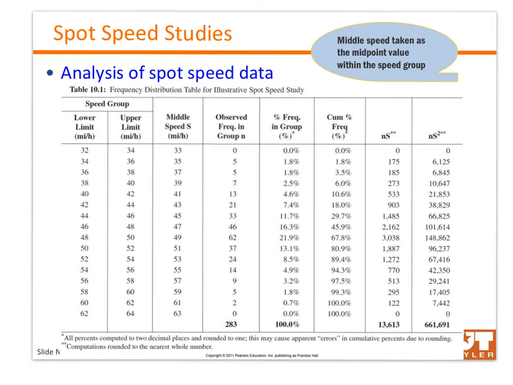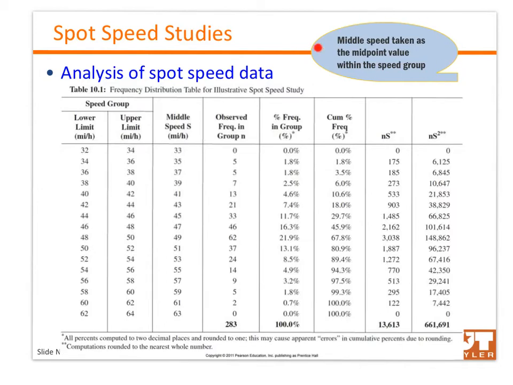Now we're going to the analysis part of the speed study. The very first two columns, as we discussed before, are the lower limit and the upper limit. Typically when it comes to analysis, we pick the middle speed as the midpoint value within the speed group.